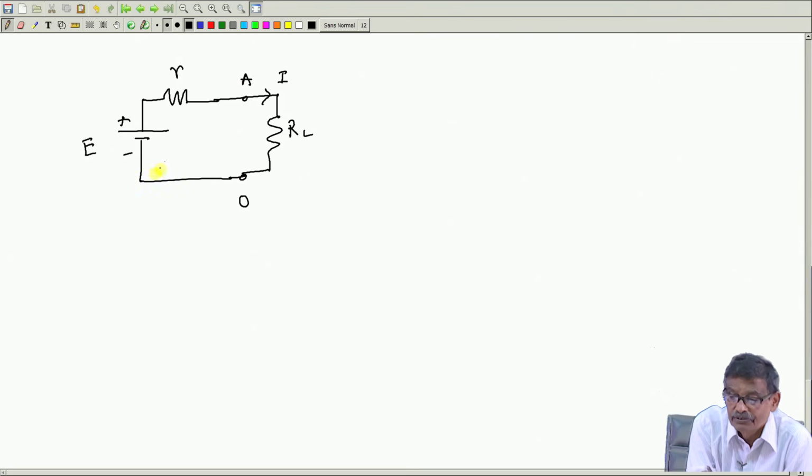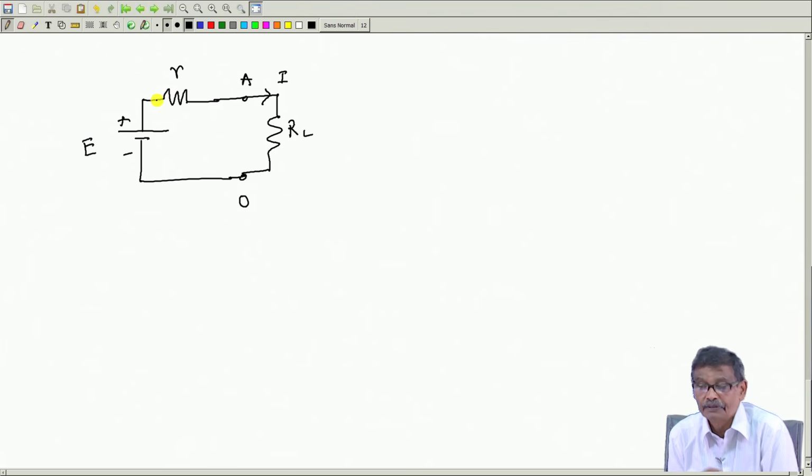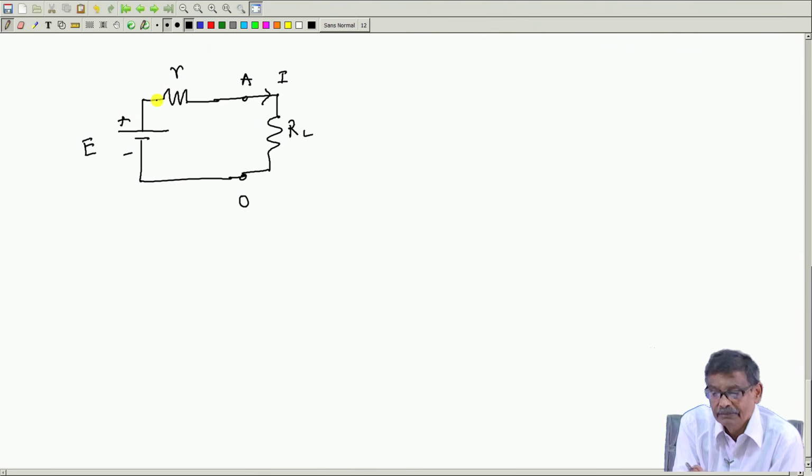Battery, this EMF is known, internal resistance is known. What I am telling, okay, you live with it, you get everything correct, fine.